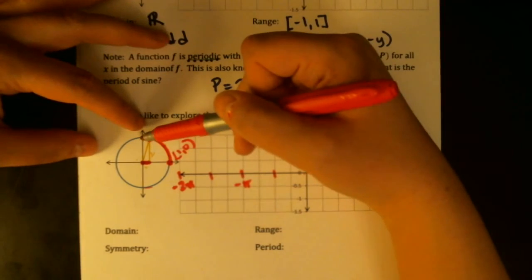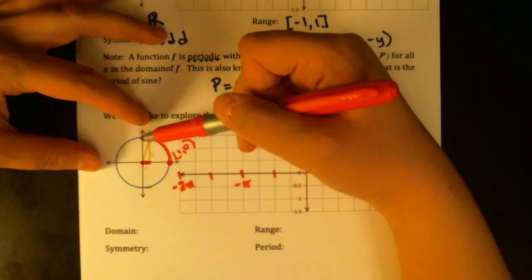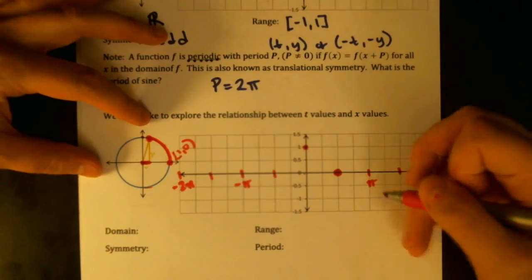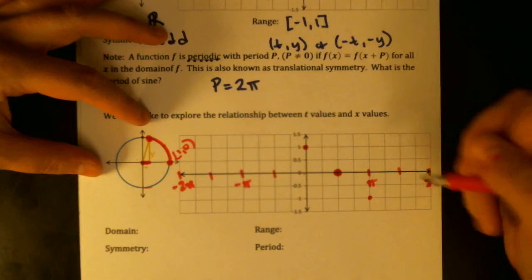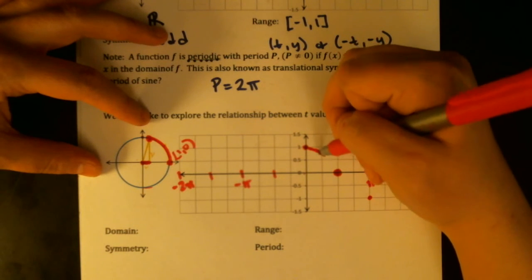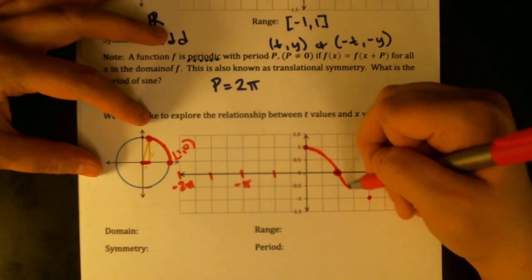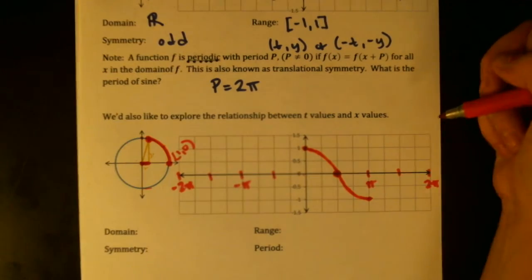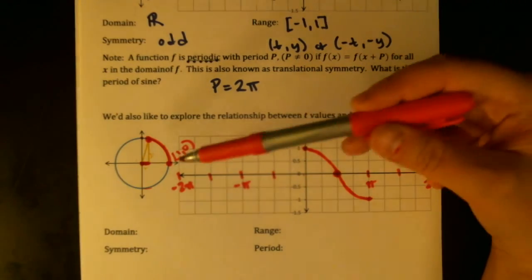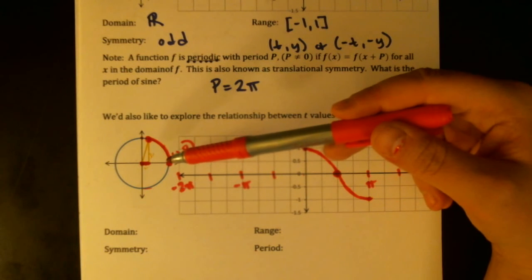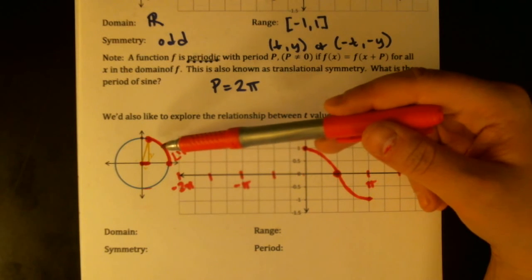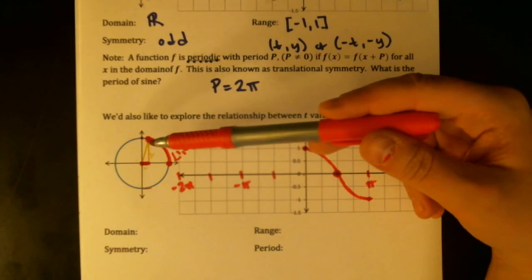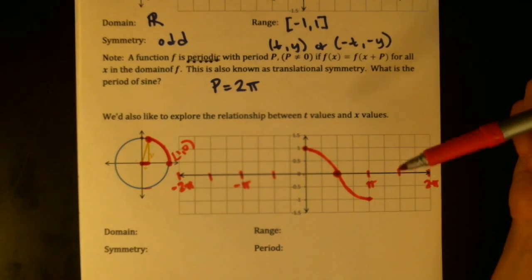As t goes from pi over 2 to pi, my x-coordinate continues to decrease to -1. So I'm going to have this sort of shape, and it says circular motion. It's going to give me that same approximate shape. Again, feel free to see how this compares with what you'd expect to happen for arc lengths of pi over 6, pi over 4, pi over 3, 2 pi over 3, and so on.